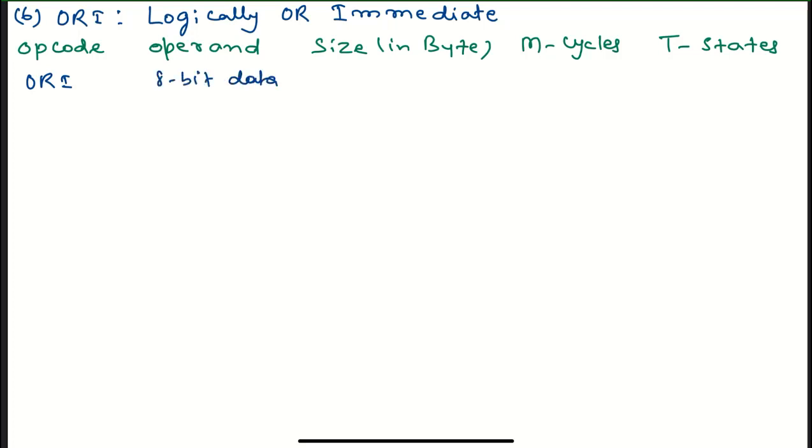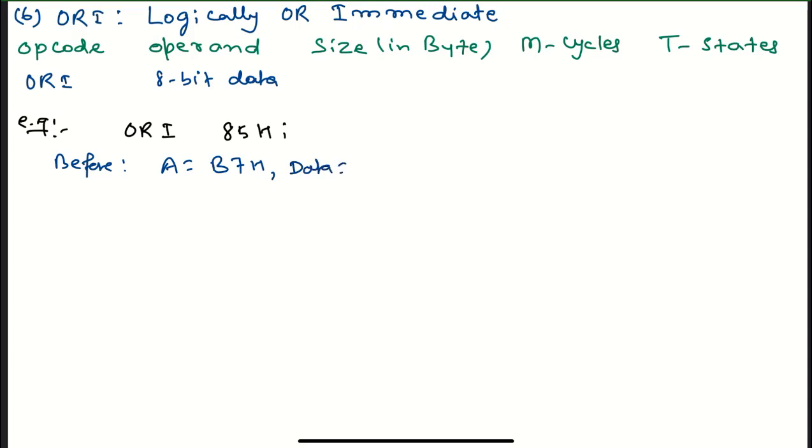So now we can understand this instruction with an example. For example, let's say we are writing ORI 85H. Just assume that before execution of this instruction, I am taking the accumulator content as B7H, and this data we have taken as 85H.